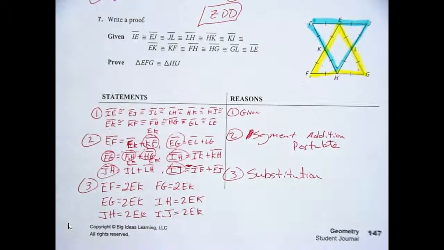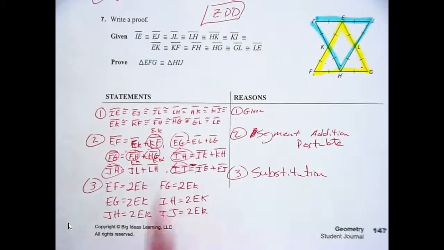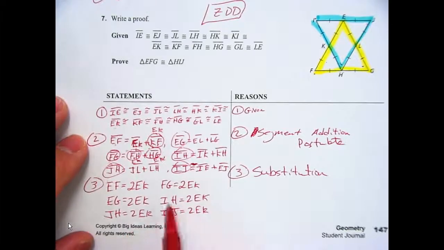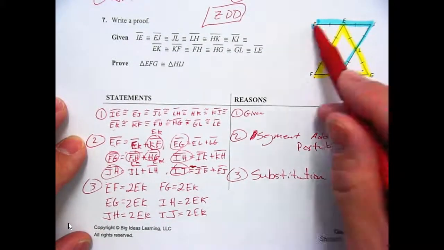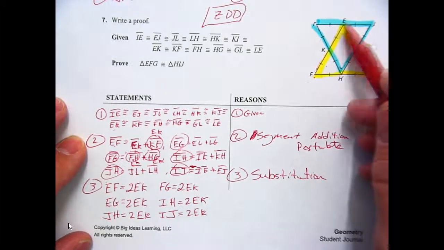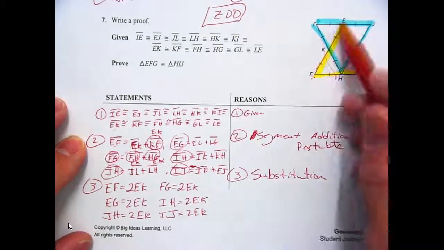Okay, so based on this now, I actually could state that HI is equal to EF. How does that help? Well, I have HI is equal to EF. So I've got two sides congruent. So I could now go into my sides being congruent.